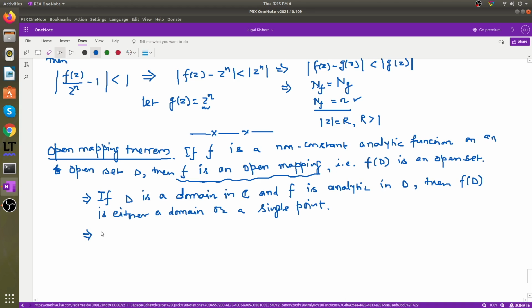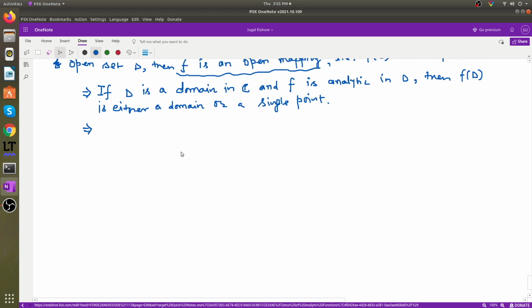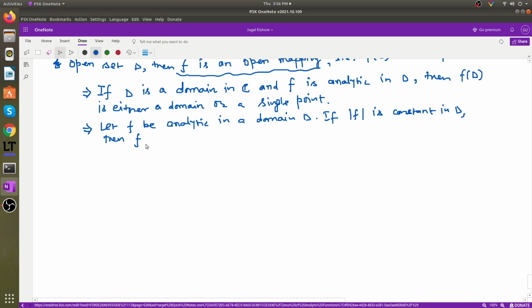I am just taking a problem: let f be analytic in a domain D, and if the modulus of f is constant in D, then this f should be constant.